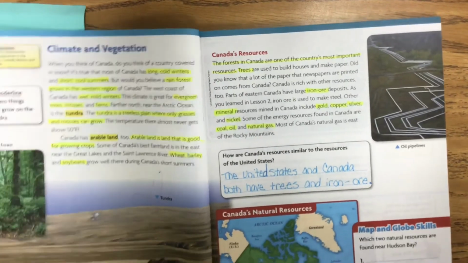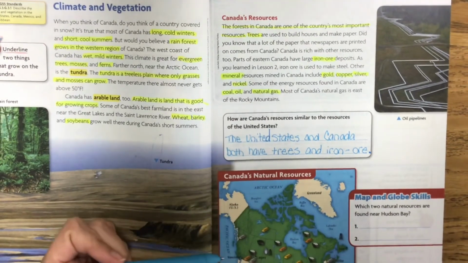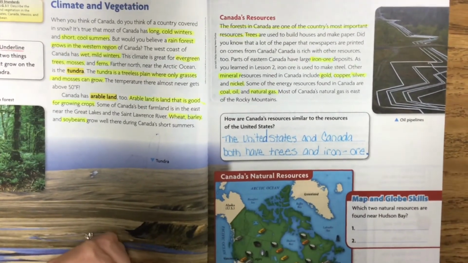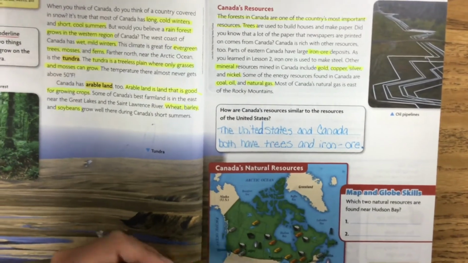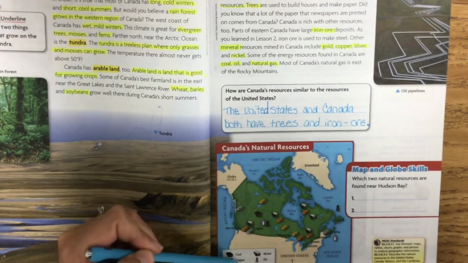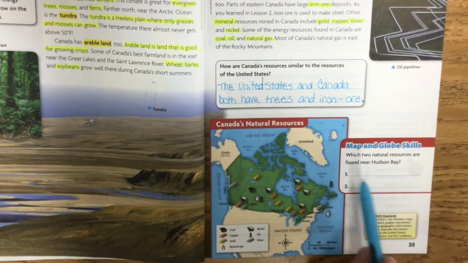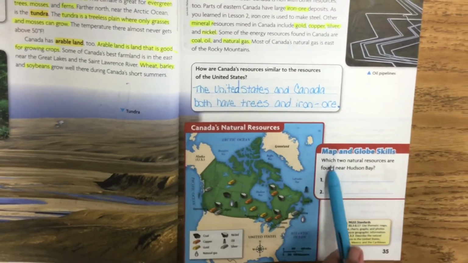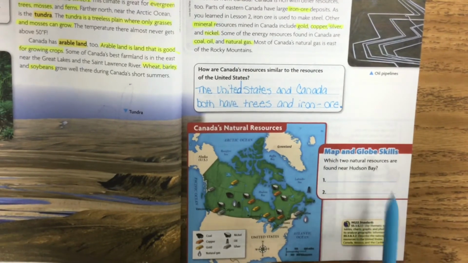Okay, now I'm going to look back down here at Canada's natural resources, this map here. And if I look at the map legend, it tells me what all of these pictures mean. And I can look here and see where there's coal and copper and gold and all of these different resources in Canada. And this question here says, which 2 natural resources are found near Hudson Bay?